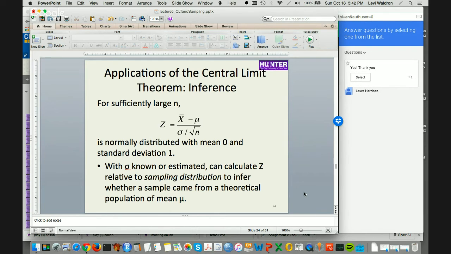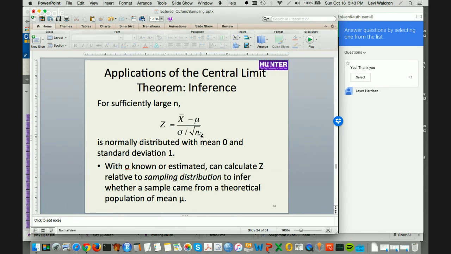The so-called z-test is for a single large sample from a population of either a known or a hypothesized mean and standard deviation.